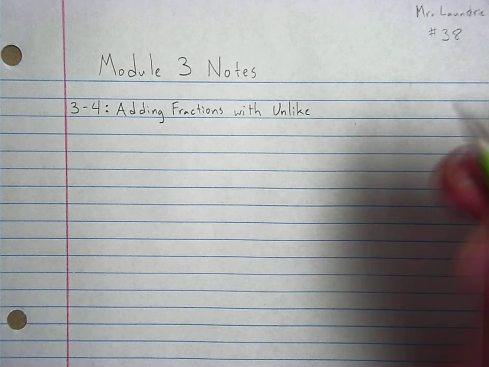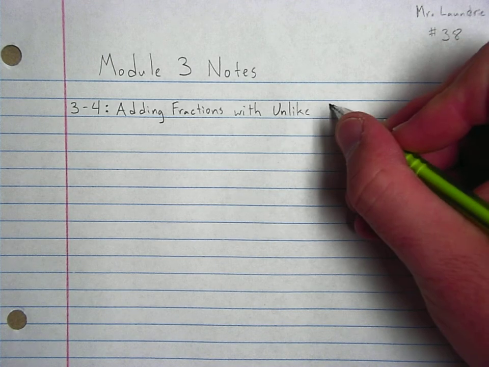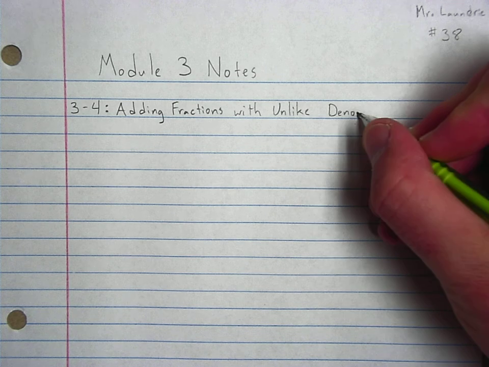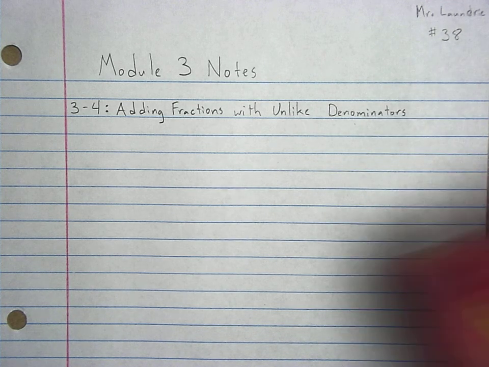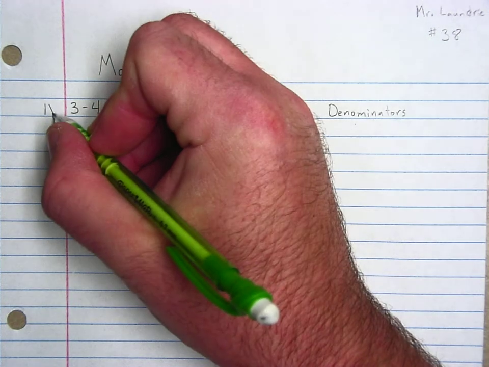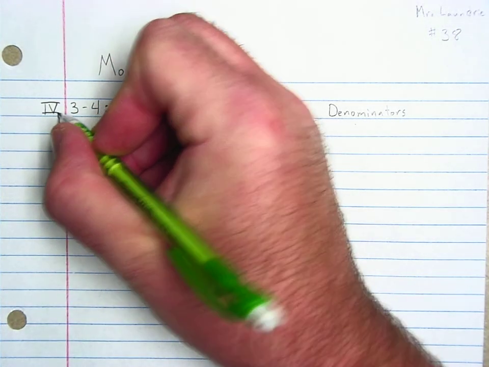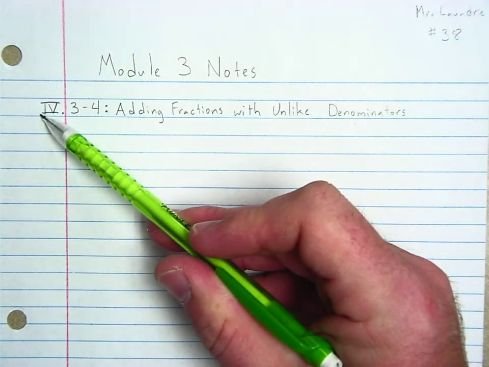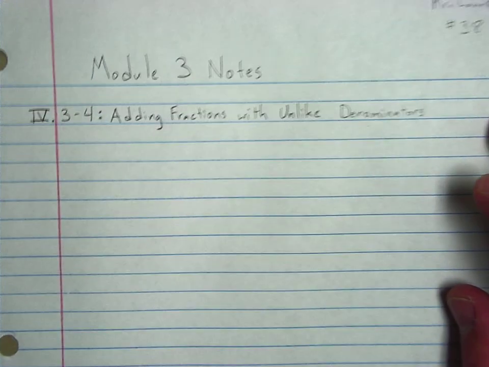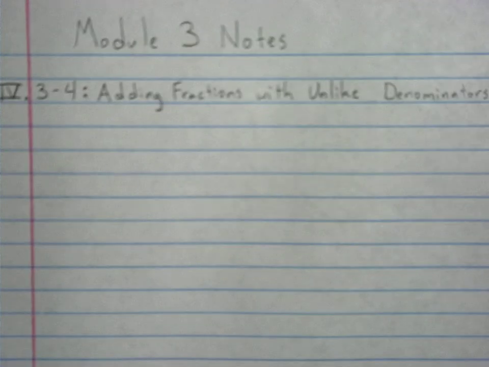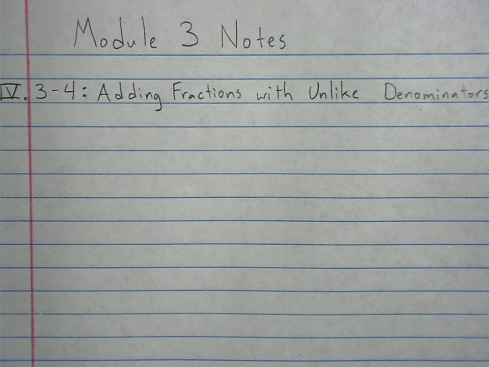So uncommon, not the same, with unlike denominators. Okay. This is lesson 4, so our Roman numeral will be 1 less than 5. Okay. Let's zoom in a little bit. There we go.